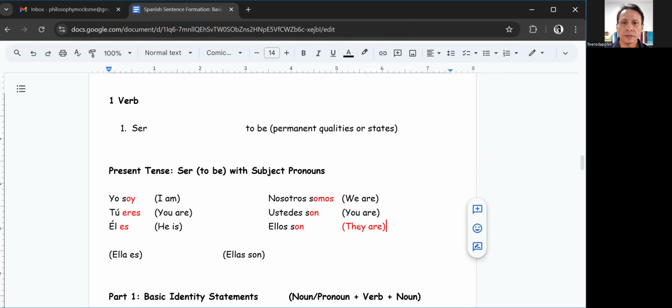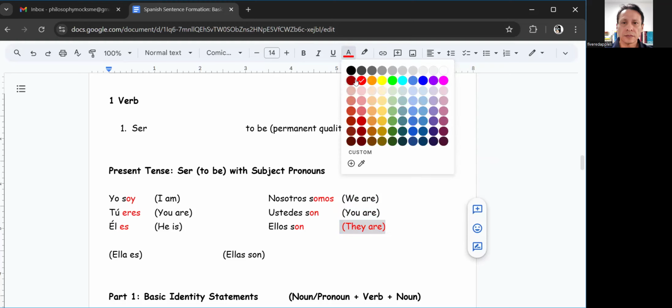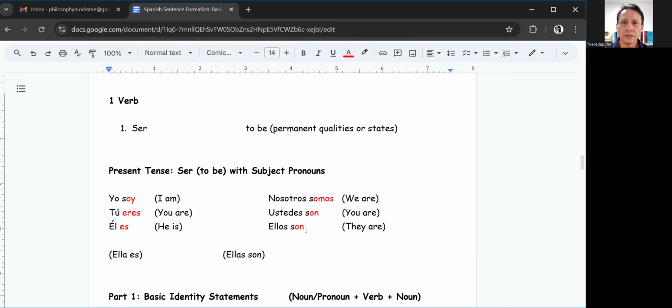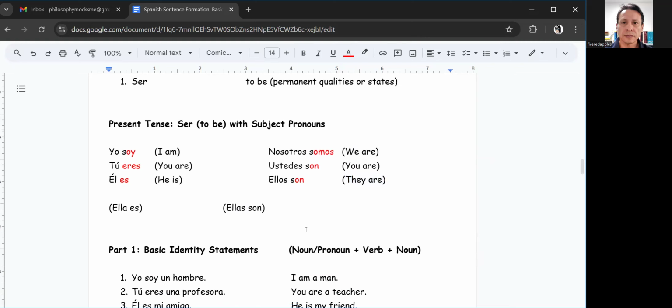So let's do a little bit of review. Let's do a little bit of practice. And basically, this is how you remember these kinds of things. We just say them over and over a little bit. We're just going to go down the left side, the singulars. Yo soy, tú eres, él es. And just remember that ella would be the same. So one more time.